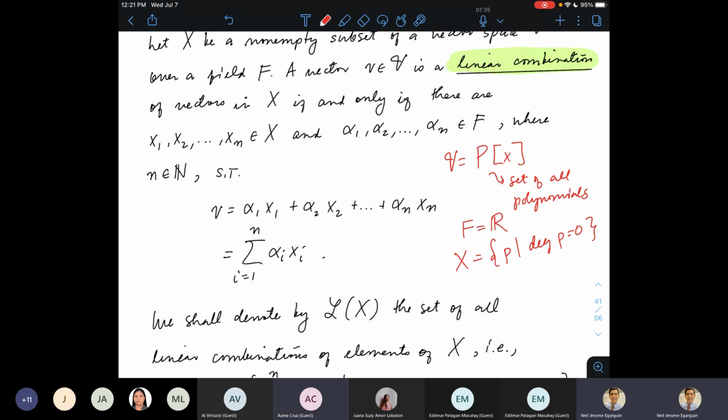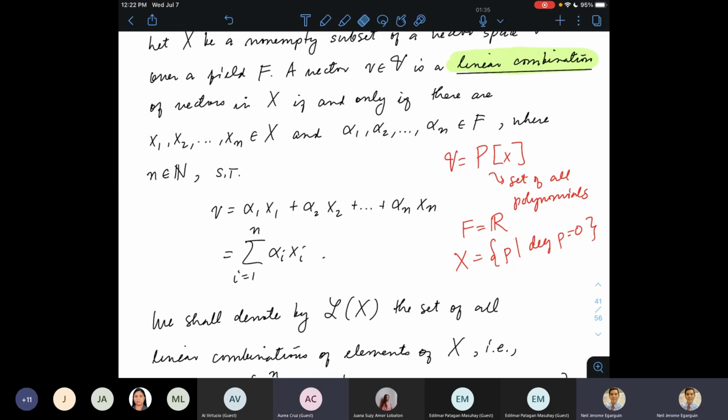Constant polynomials, yeah, constants pa rin, right? Because multiples of constant polynomials are also constant polynomials, and when you add constant polynomials, you get constant polynomials back. So the set of all linear combinations with respect to the set X is just the set X itself. So I cannot generate the entire set of polynomials.